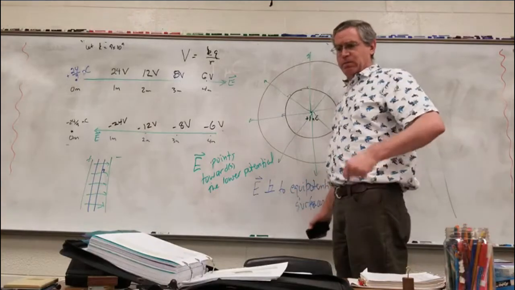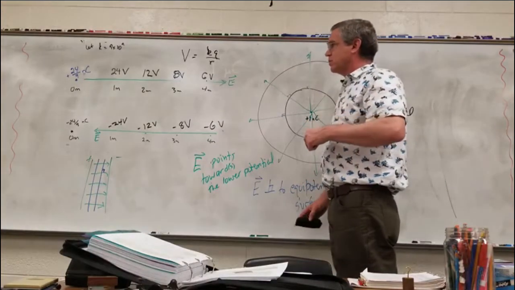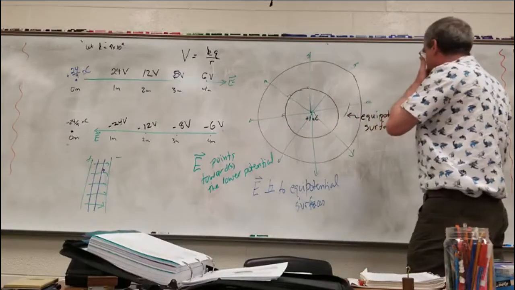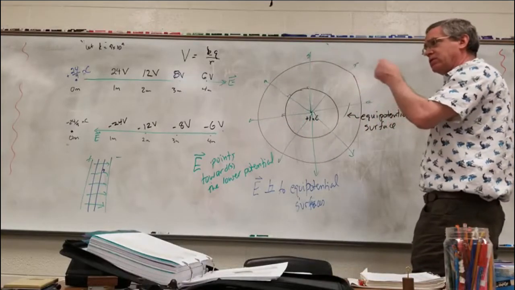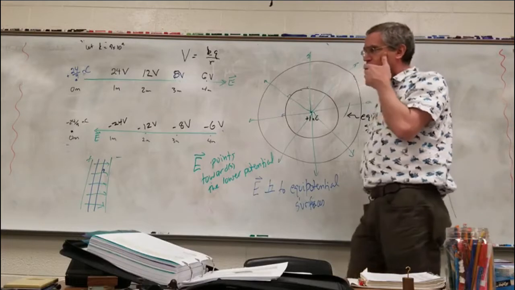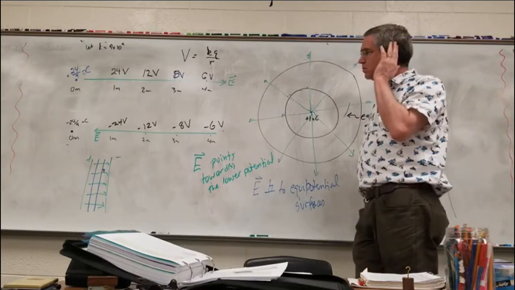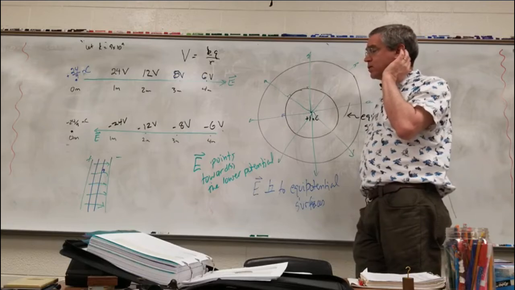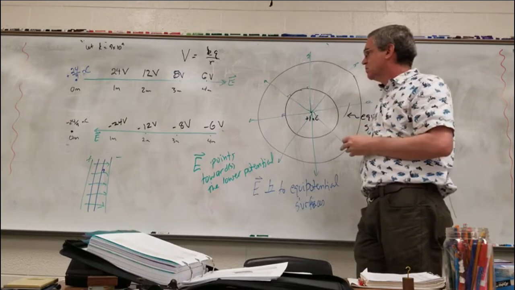All right, now I want to jump back over to capacitors, which is, I think, the last thing that we were doing. Any questions on this before I erase? Denise? Gaussian surfaces and equipotential surfaces, those aren't the same thing. Not necessarily.